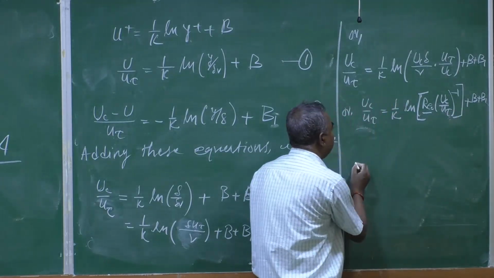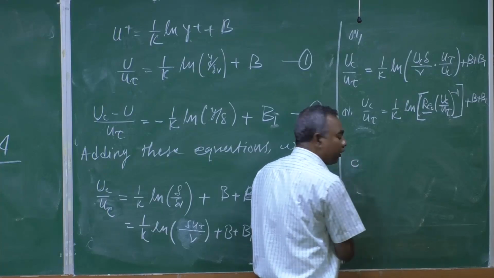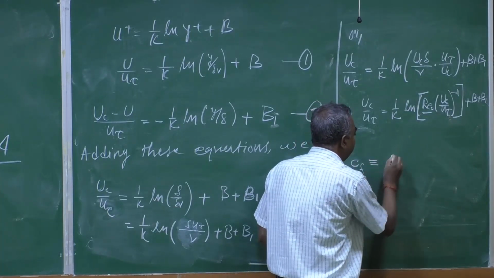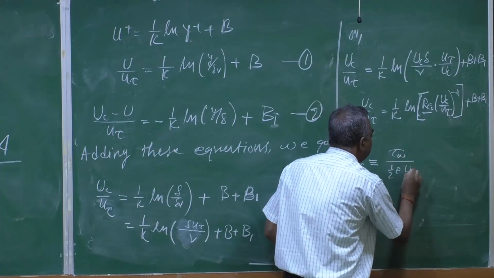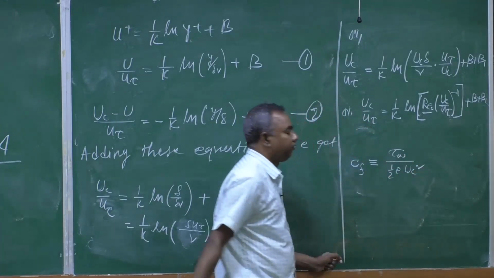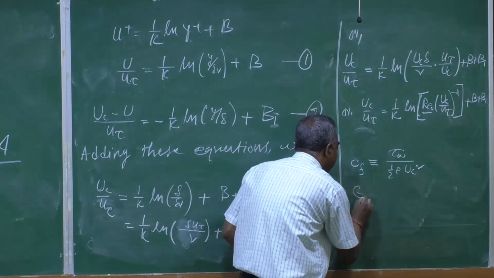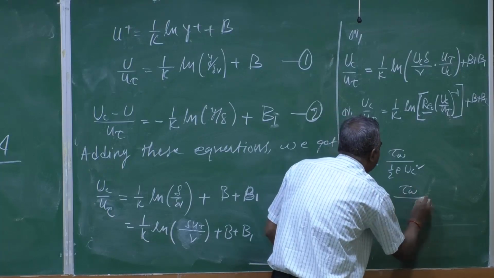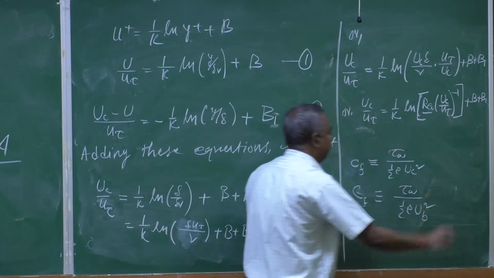Our skin friction coefficient, small cf, is defined by definition as tau_w by half rho u_c square. For channel flow, the capital CF by definition is tau_w by half rho u_b square.